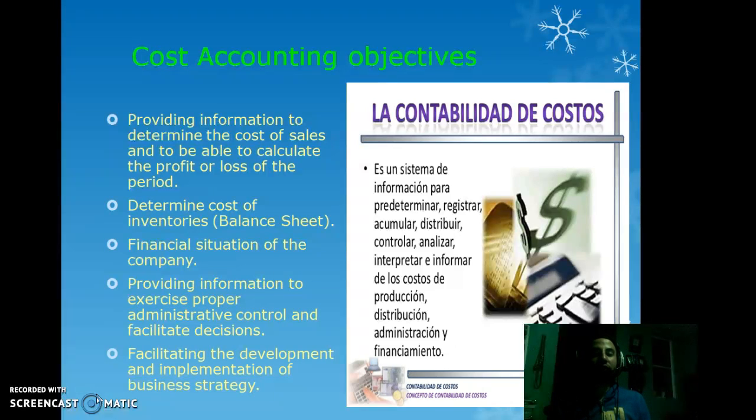Determine costs of inventories. You can find this in the balance sheet, in the file of inventories. This is so important too for the financial situation of a company, to know that. It provides information to exercise proper administrative control and facilitate decisions, facilitating the development and implementation of business strategy.